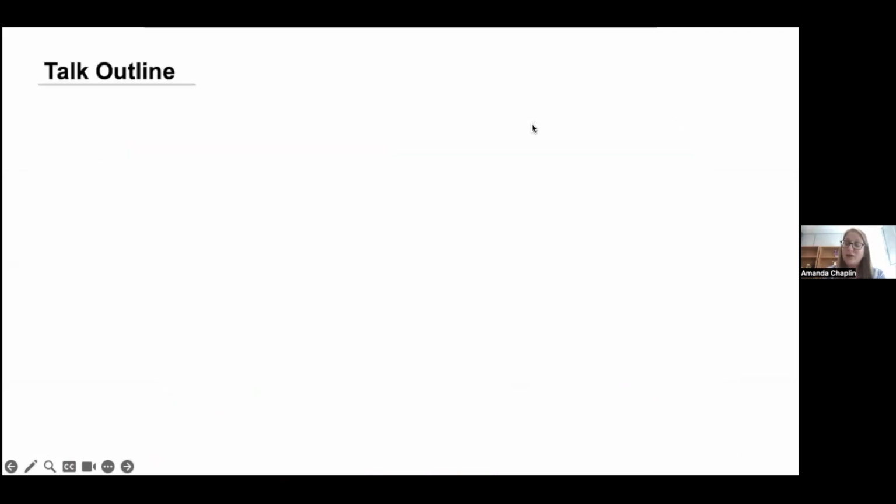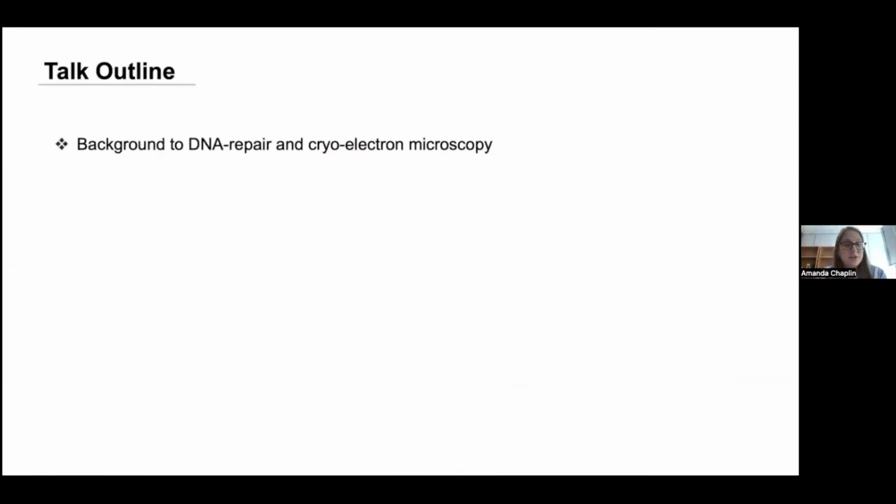So just to give you an outline of what my talk will consist of today, I'll first of all give you a bit of background to the particular DNA repair mechanism that my group look at, and a bit of basics to cryo-EM for those of you that maybe don't know so much about cryo-electron microscopy. I'm then going to talk about my main research area, which is DNA repair in humans.